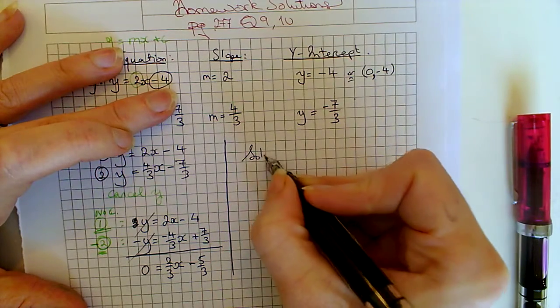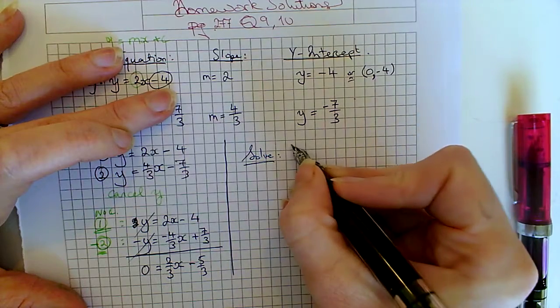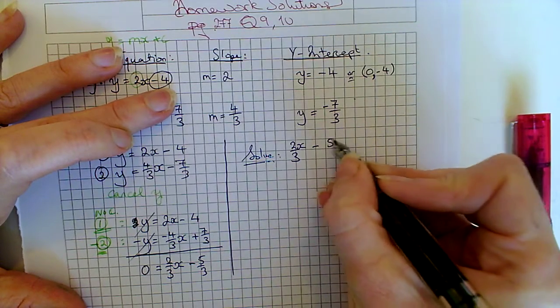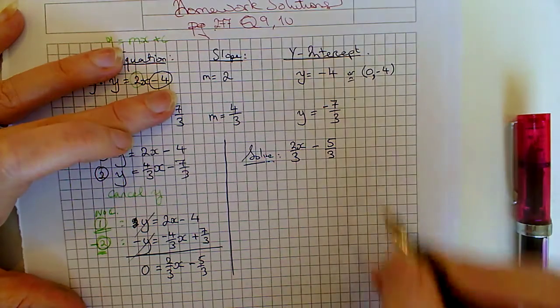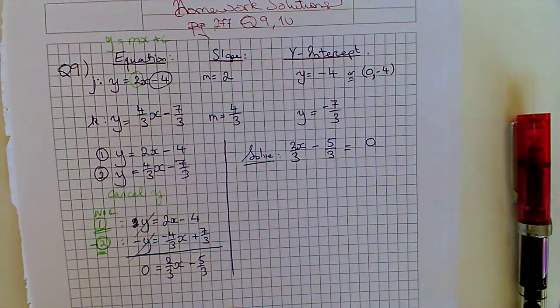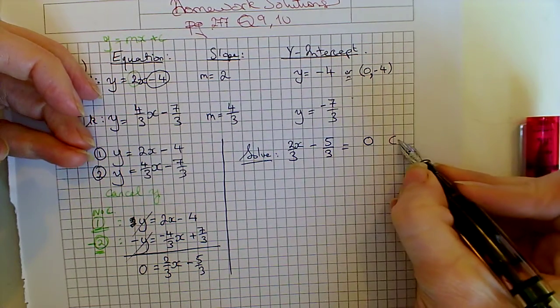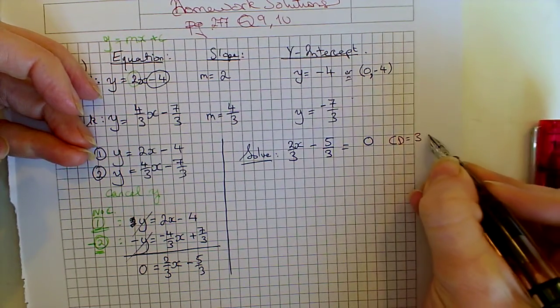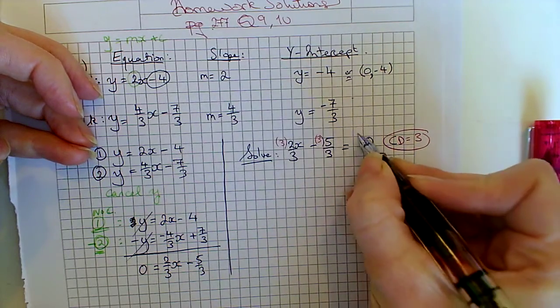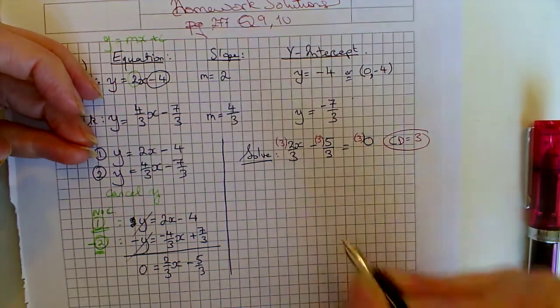So now what I actually need to solve to find x, I'm trying to solve 2x over 3, minus 5 over 3, equals 0. And we know how to deal with these. We need our common denominator, which is, of course, going to be 3. And we multiply each part of the fraction by that common denominator.